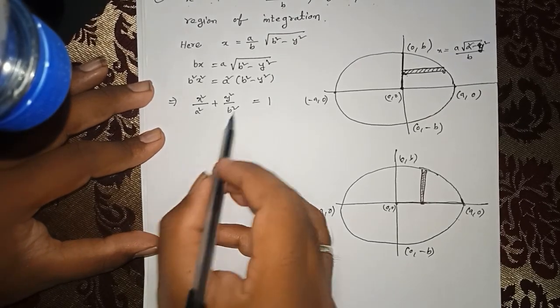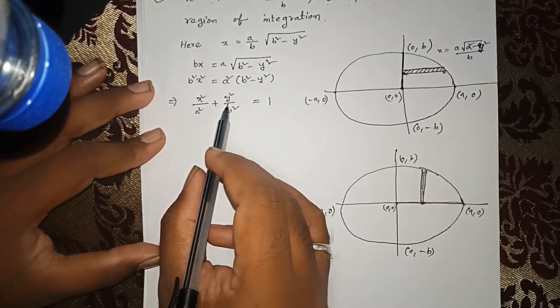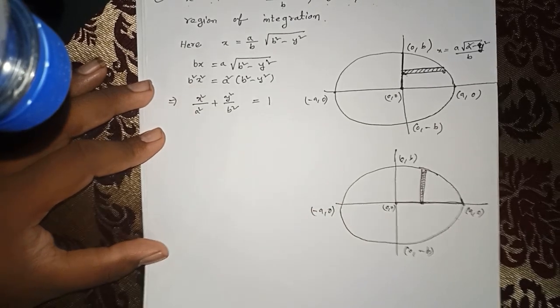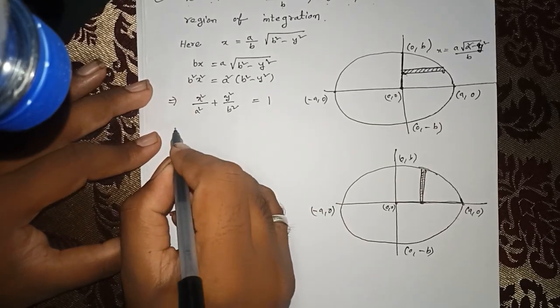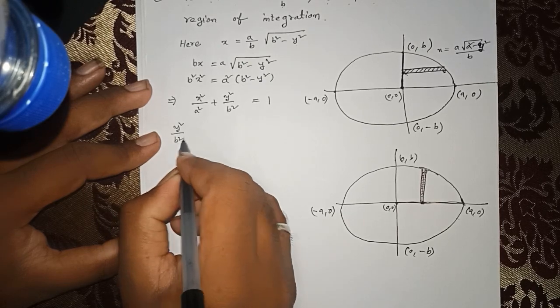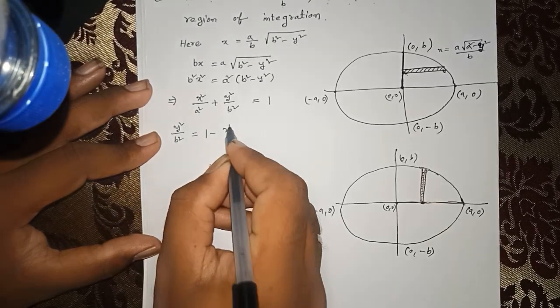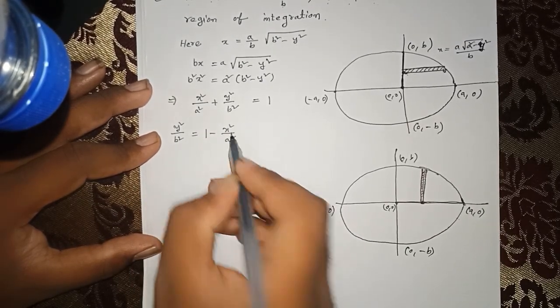From this ellipse we will find the value of y, that is y square by b square is equal to 1 minus x square by a square.